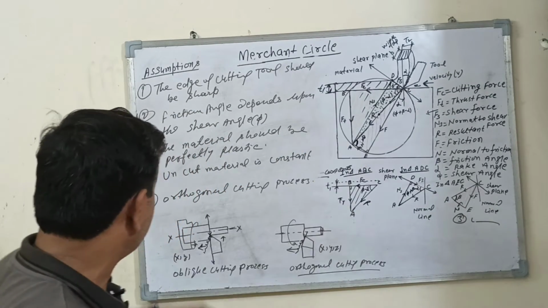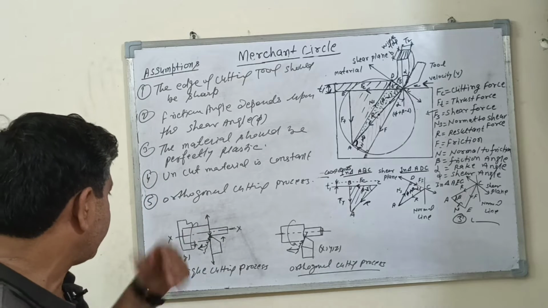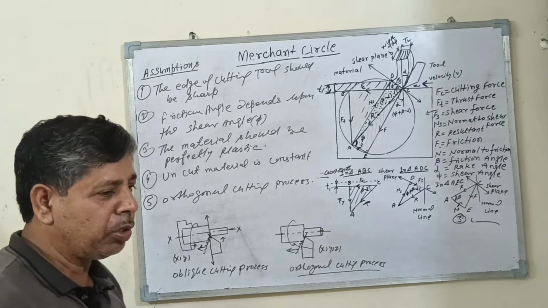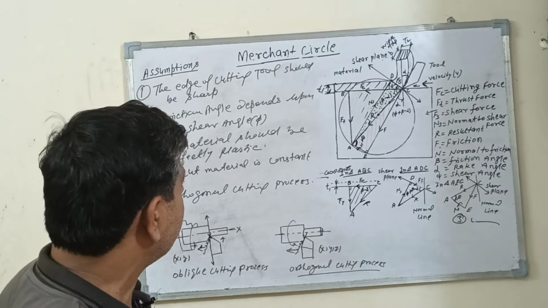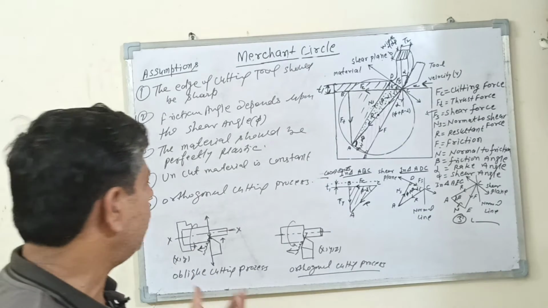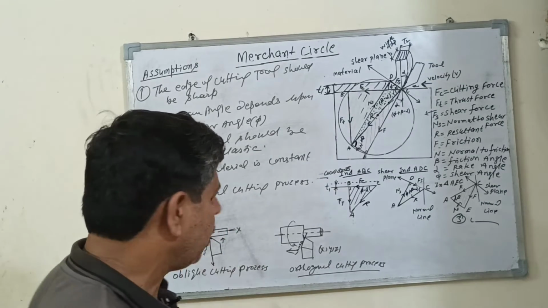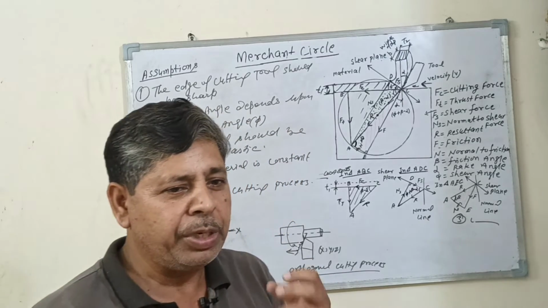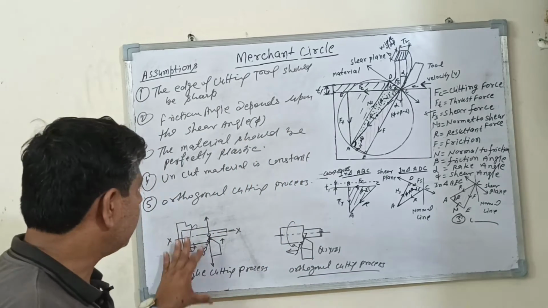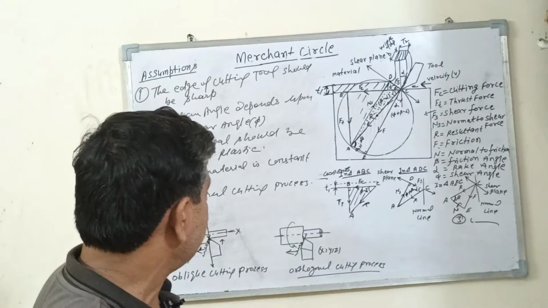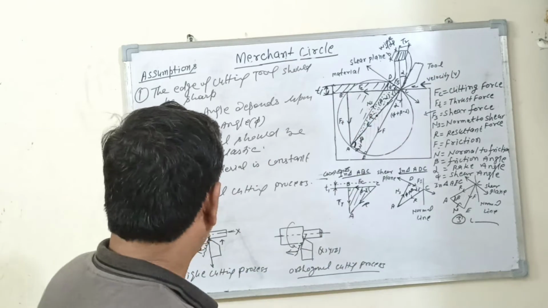Another force also acts on the cutting tool, which is called the angular force. Due to the angular force, vibration is created in the workpiece, and the angular force plays a very important role in controlling the finish of the workpiece. The orthogonal cutting process is considered in this process.